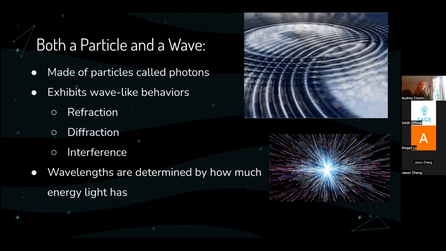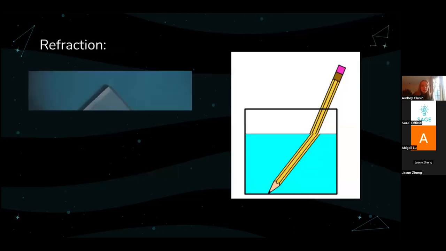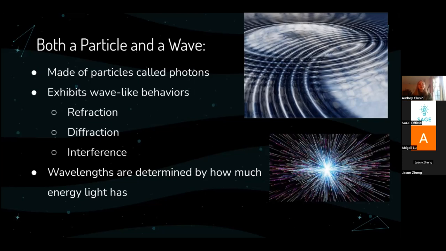And you might know that these are properties that waves exhibit. I'll explain a little bit about this in a second. But because of these observed behaviors that we've seen in light, we can say that light is in fact a wave, which is strange, but it's also really important when we move on into higher level topics.